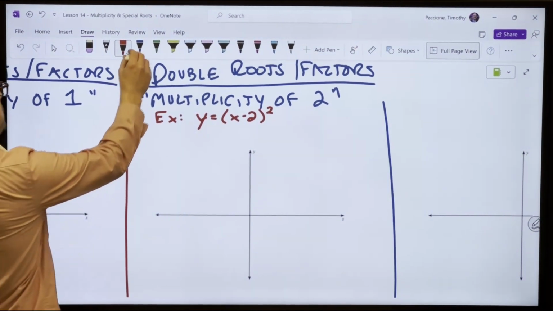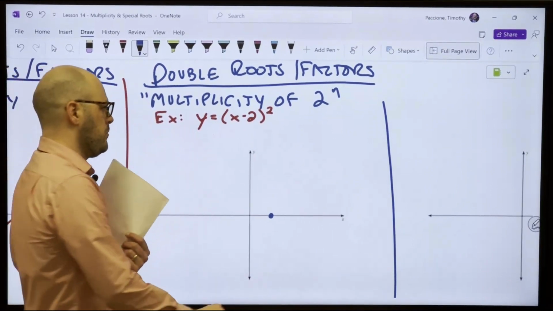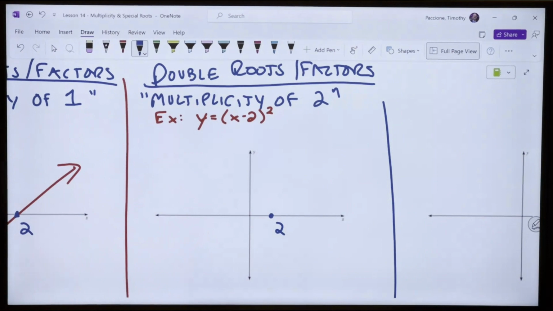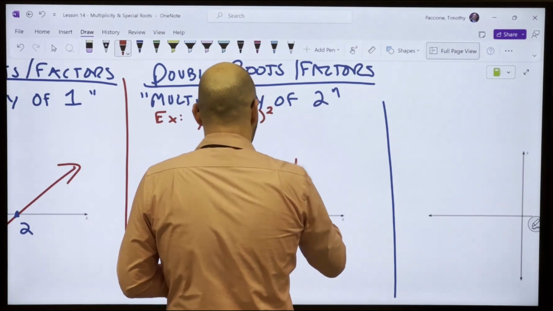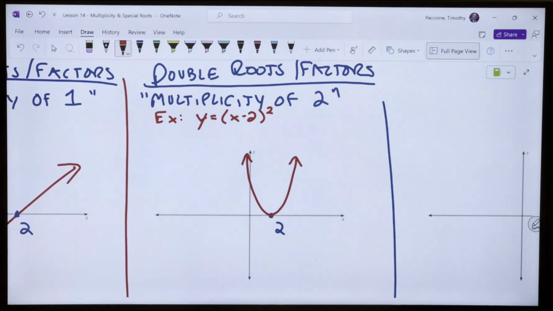And x minus 2 to the 2, what kind of graph will that be? Something squared. What does a squared graph look like? It's a parabola, right? And we talked about this example a little bit already. It'll bounce, and that happens in the middle of a function too, just like in our example in warm-up number 1.